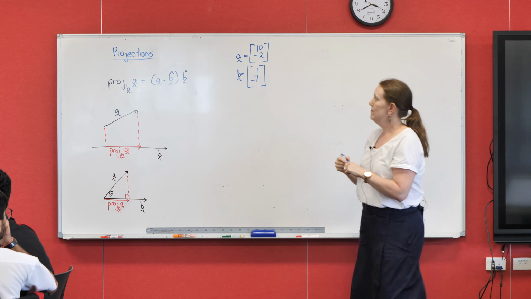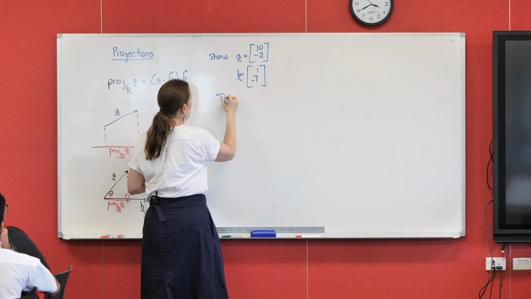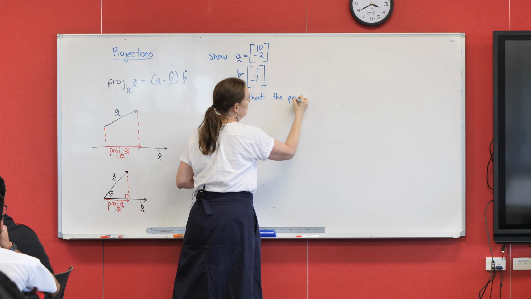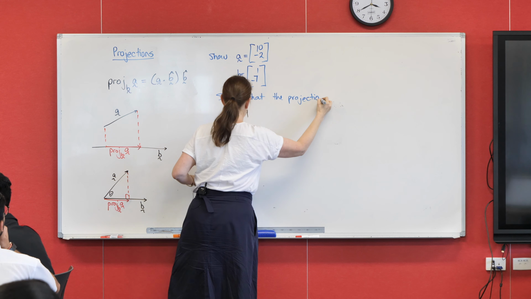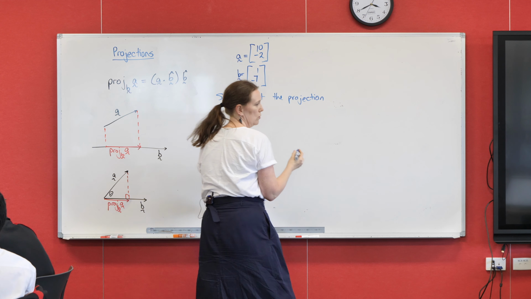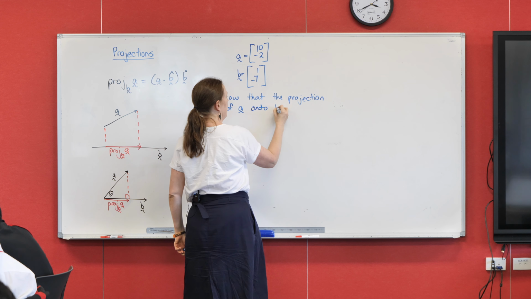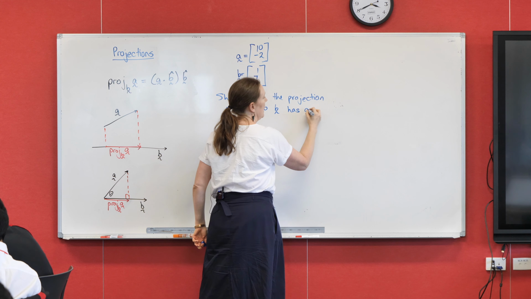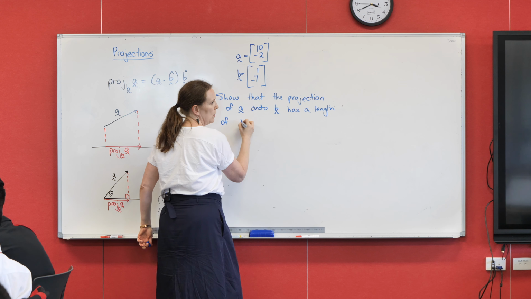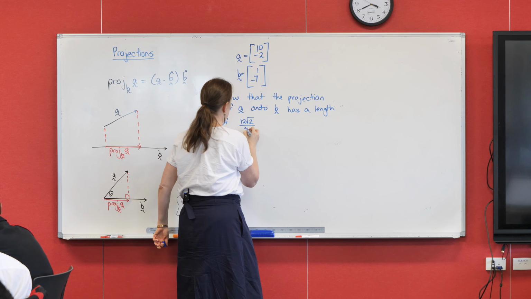This question says show that the projection of A onto B has a length of 12 root 2 over 5.